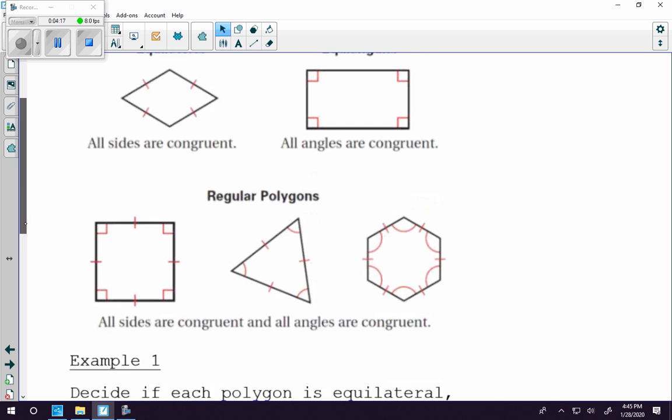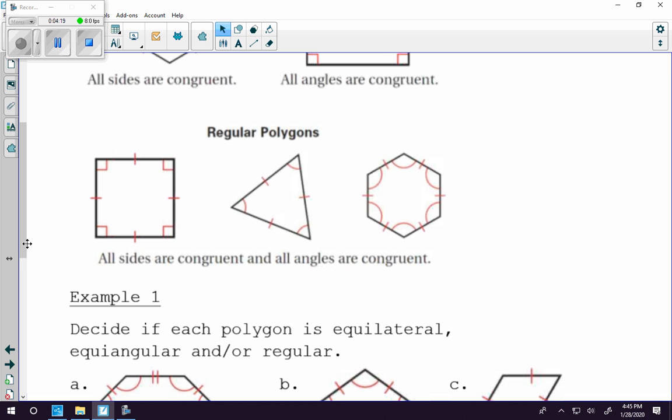Then we got this idea of regular. The idea of regular is taking the concept of a polygon being equilateral and equiangular and putting those together in one. For example, if you're ever in a car with someone or you drive a car yourself, when you stop at a stop sign, that is actually a regular polygon.